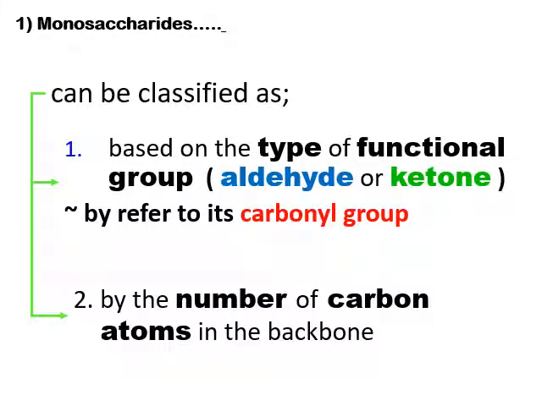Monosaccharides can be classified based on the type of functional group. It can be an aldehyde or a ketone, by referring to its carbonyl group. We can also classify monosaccharides by the number of carbon atoms in the backbone.